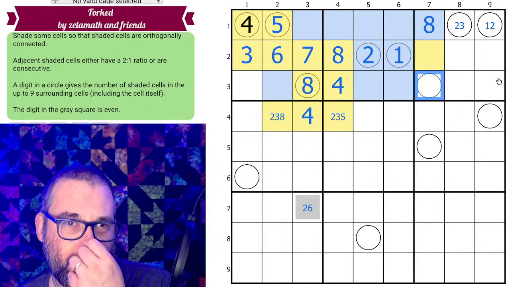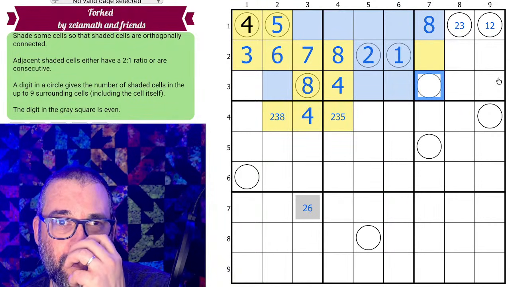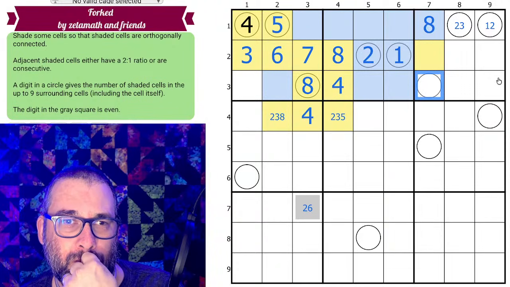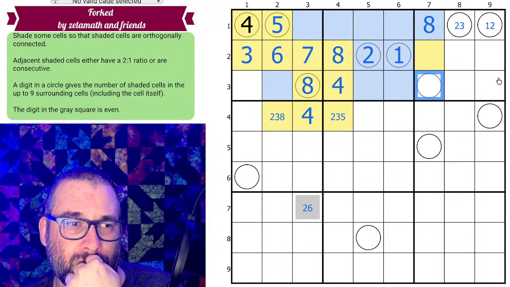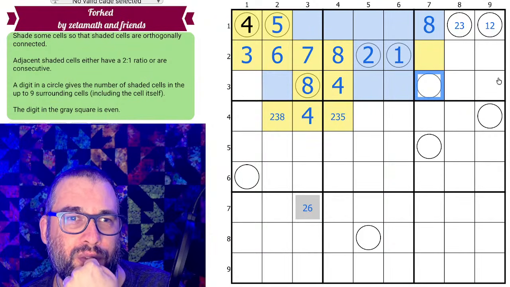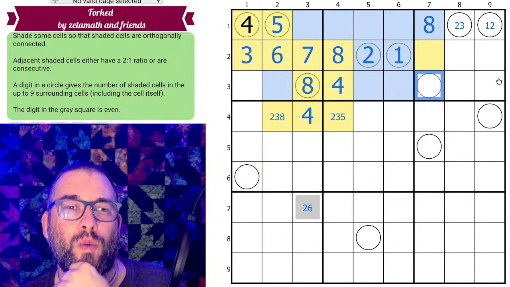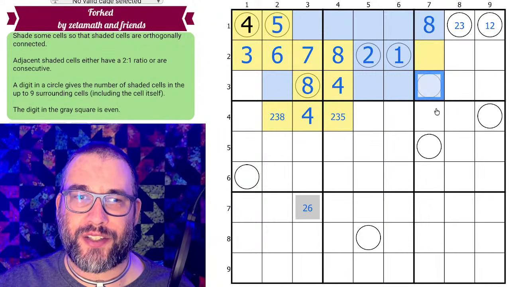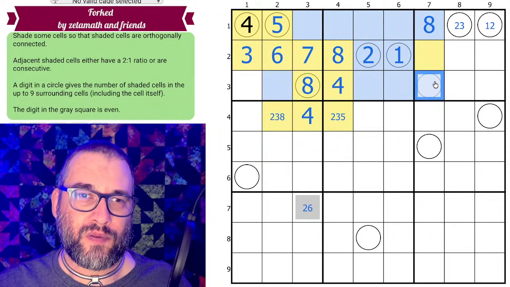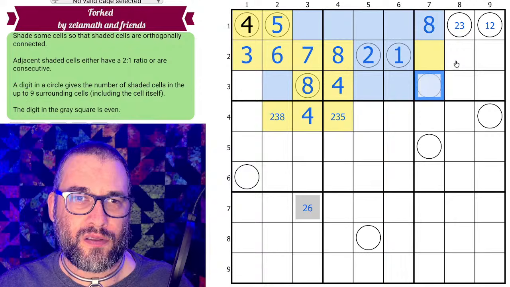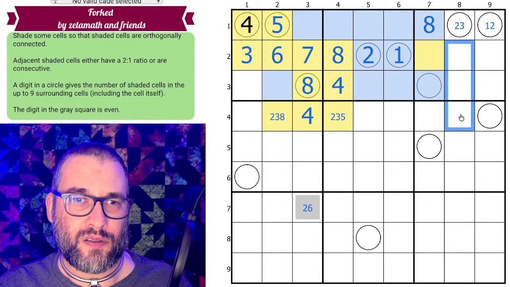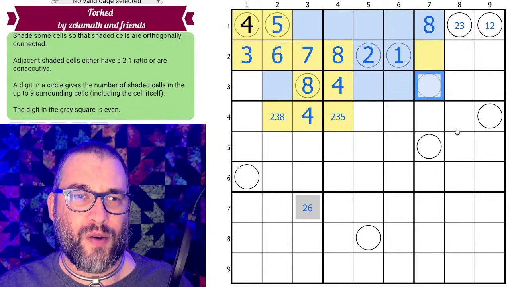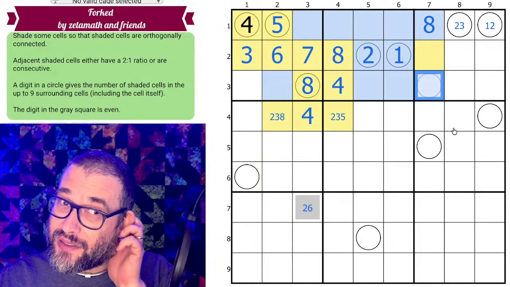People are saying this is not shaded. Because of the one circle. Right. This one already has its shaded. So this is not shaded. So this is now a maximum of 5.